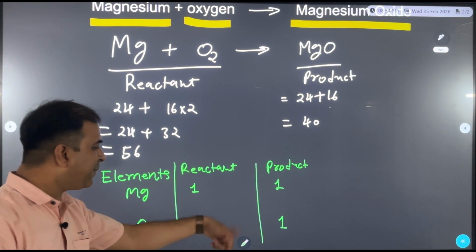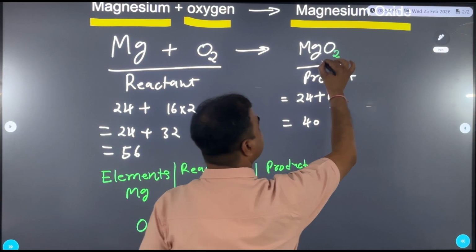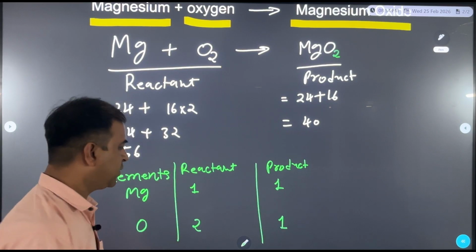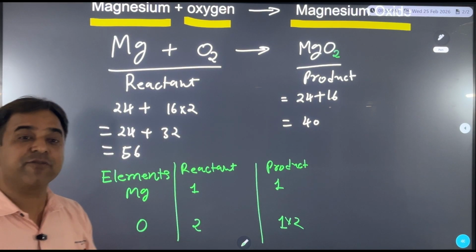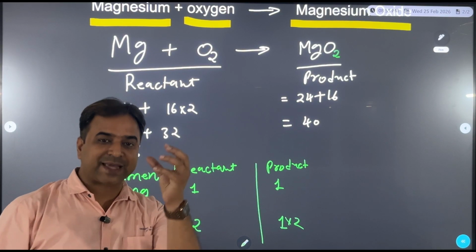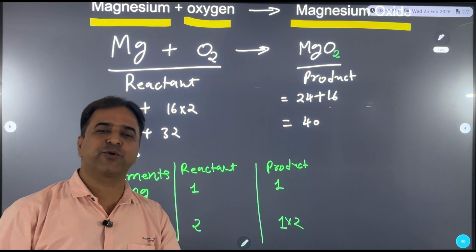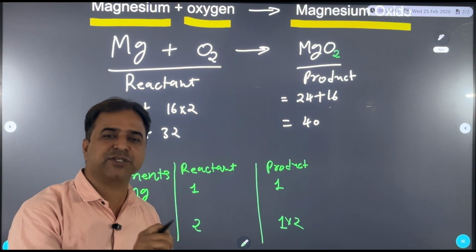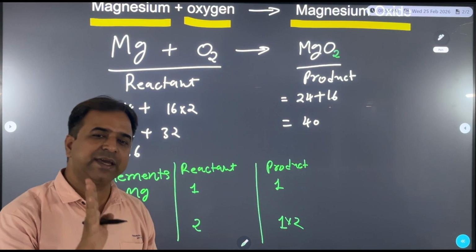So just to balance this, if we write MgO2, this is going to be balanced. But we can never do this. Why? Because the chemical formula is always going to be in constant proportion. Their number is always going to be fixed.